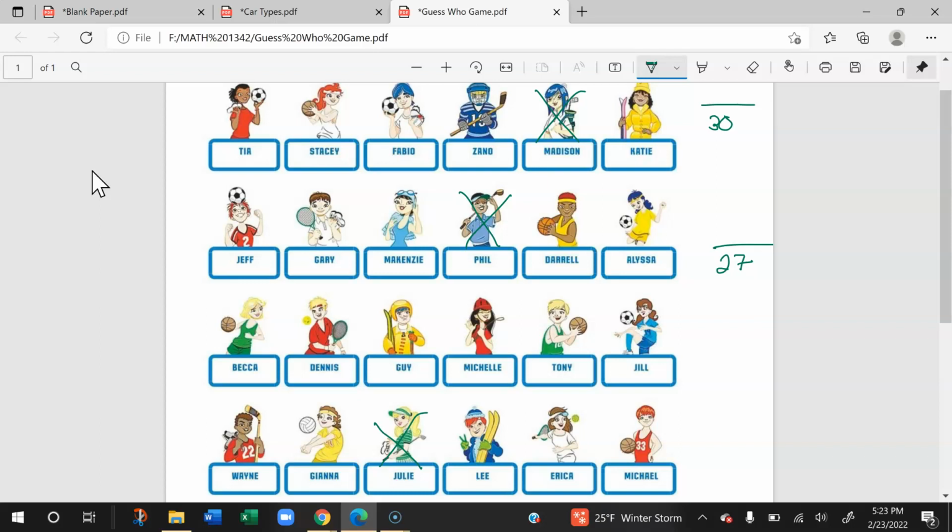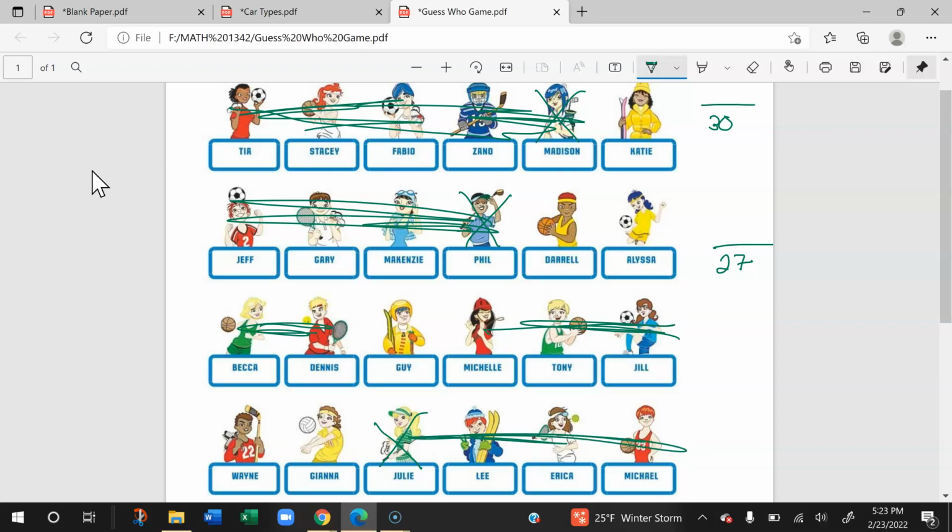As you ask questions, is this person wearing a yellow outfit? Yes. Okay, well that helps me a lot because that eliminates all of these.